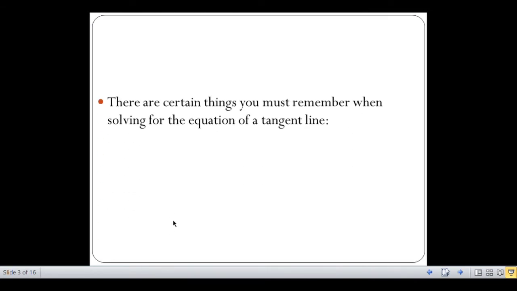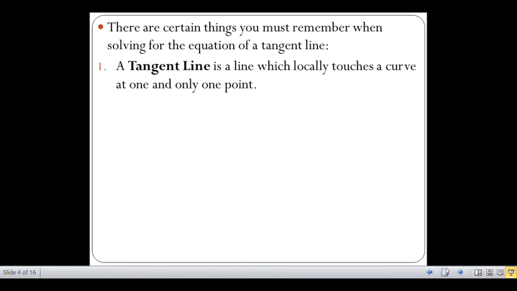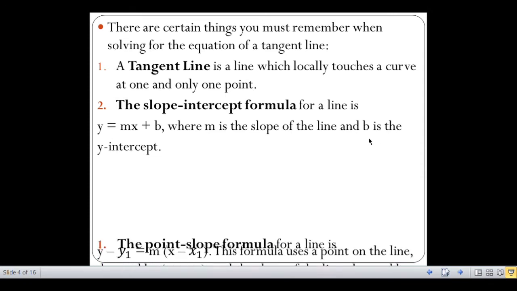Okay, so, there are certain things you must remember when solving for the equation of a tangent line. So first, a tangent line is a line which locally touches a curve at one and only one point. Okay, so tatandaan nyo po yan lagi. Okay, so number 2, the slope-intercept formula for a line is y equals mx plus b, where m is the slope of the line and b is the y-intercept.